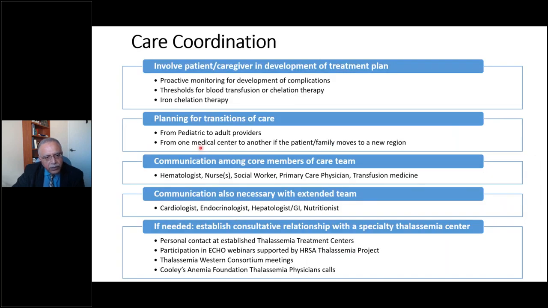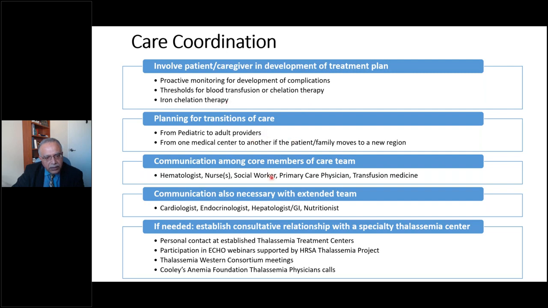We will talk about this a little bit on care coordination later, but I just want to say that non-transfusion dependent thalassemia patients are at much higher risk of failed care coordination as compared to the transfusion dependent patients. So the recommendations are to involve the patient and caregiver in the development of the treatment plan and make sure that the patient develops health literacy to advocate for themselves.